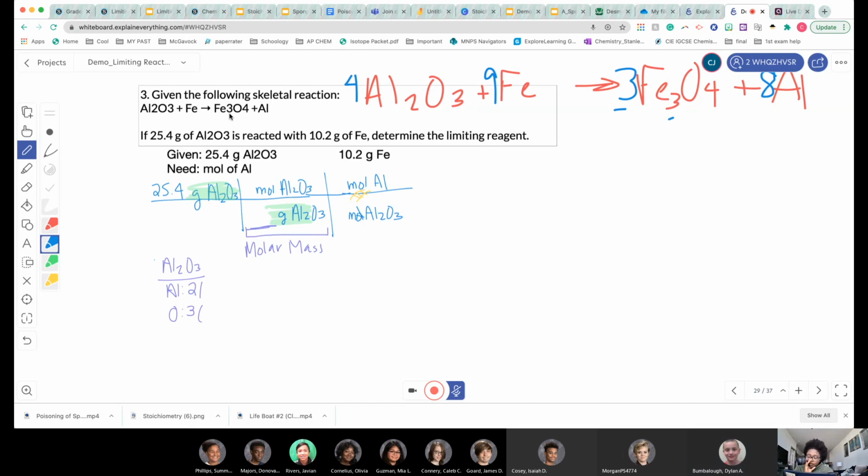Who wants to find the molar mass with me so that Dylan can write? All I need is the mass of aluminum now.